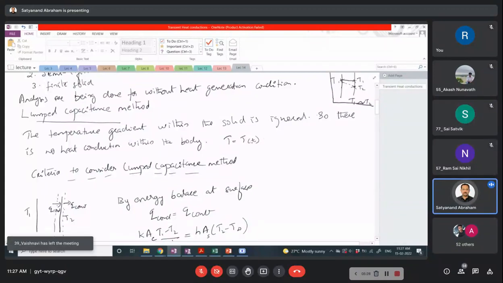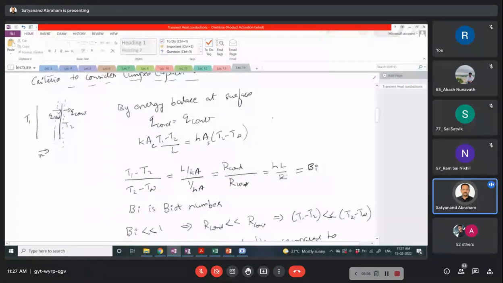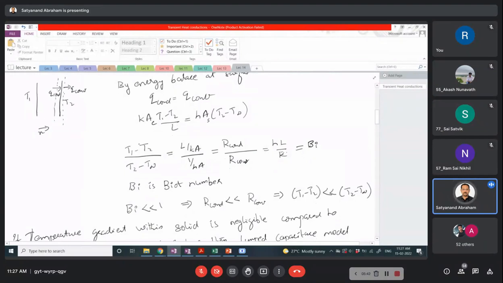It is not a function of any coordinate, only a function of time. So we said first what is the criteria for doing that. For that, we did the energy balance at the surface, and we said that the temperature gradient within the surface, T1 minus T2, can be ignored compared to the temperature difference between the surface and the ambient.